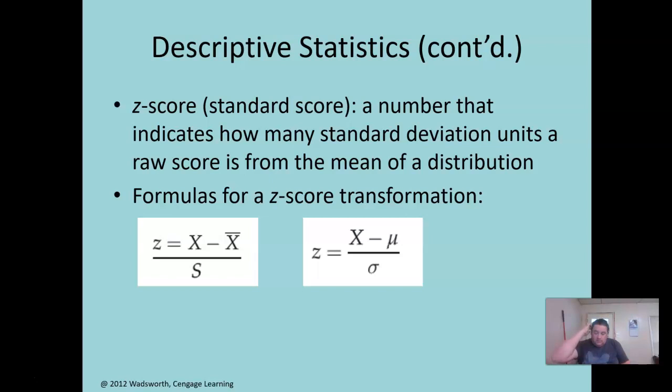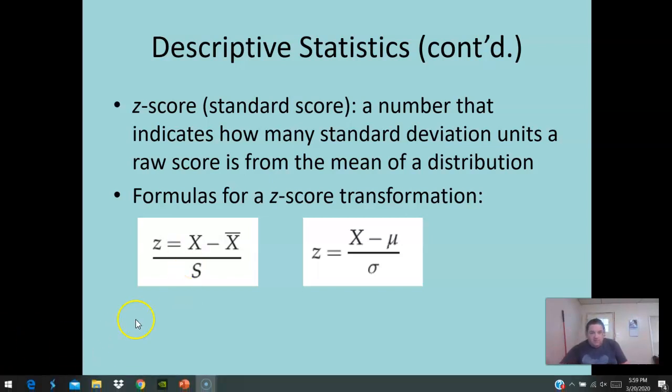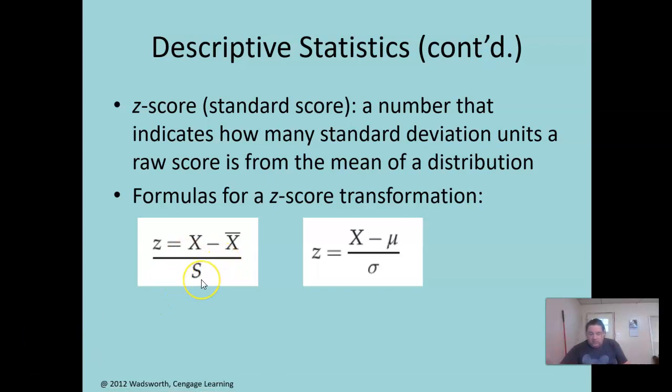So S is your sample standard deviation. And on page 121 of your book, z equals X minus the mean of X, all over S. This is the same as saying z equals X minus mu divided by sigma.